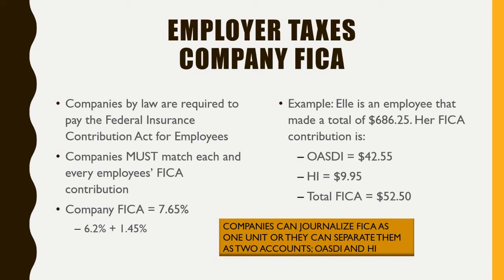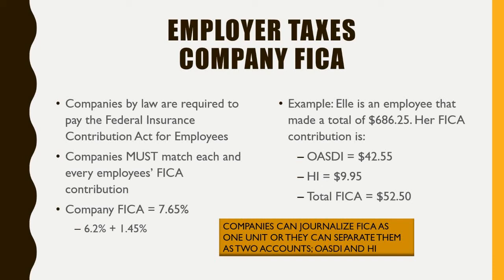But for this example, we're not only dealing with company FICA, we're dealing with other stuff too. Just so that you know where this number comes from, it's based on the gross earned wages. In this case, we know for a fact that she earned $686.25.